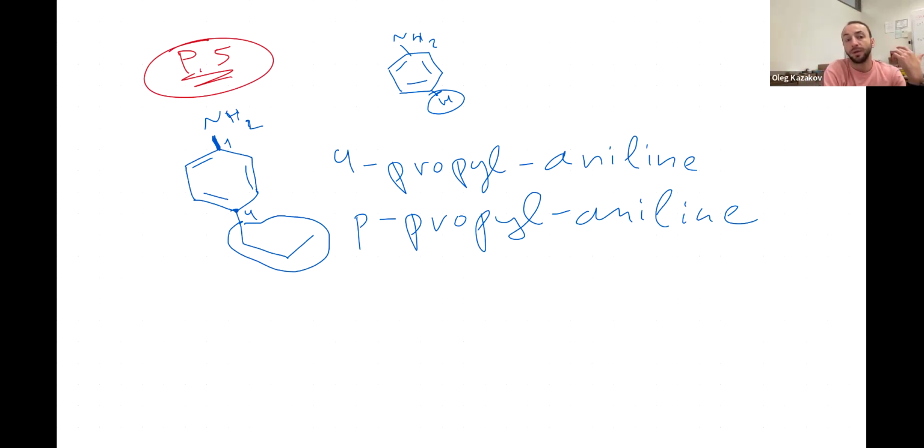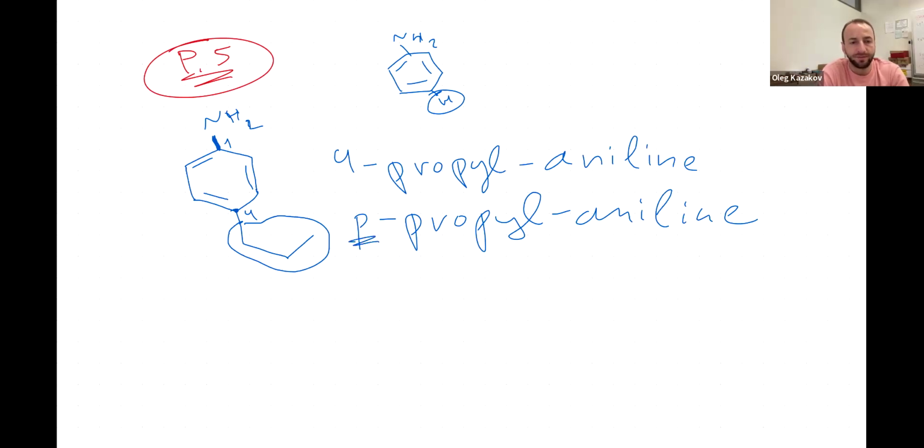Carbon 4 in the benzene ring will bear the propyl group. In other words, para stands for 1,4 substitution. Carbon number 1 still has the NH2 group, and carbon number 4 has the propyl group. To say that there is propyl in position 4, we can use the designation para. That's also fine.